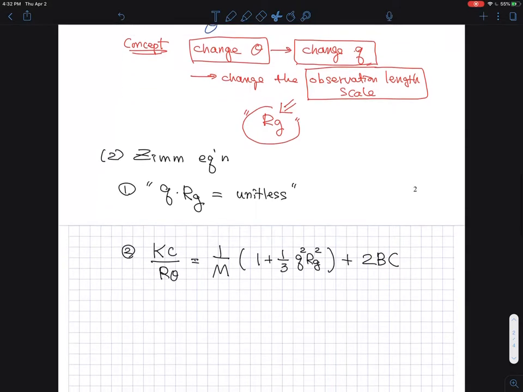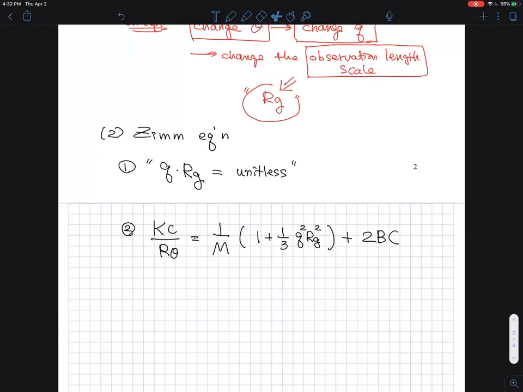But the Zimm equation also tells you more. What I just said is in the limit when the Q value goes to 0, which means the theta value goes to 0, the zero angle limit. This is the Zimm equation, by the way. This complex form is nothing but an extra factor multiplied onto what is originally known as the Debye equation.